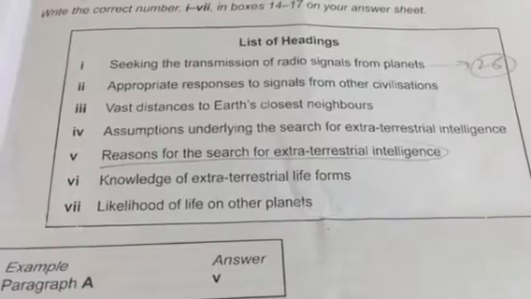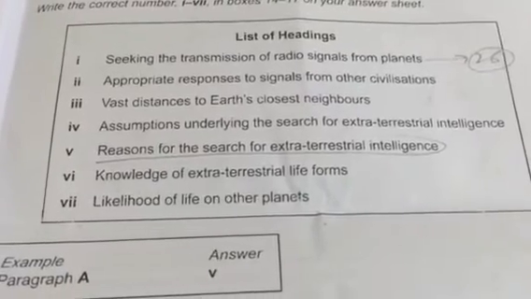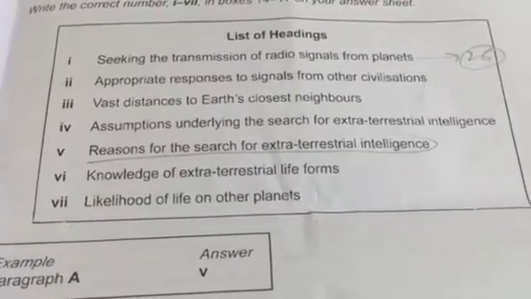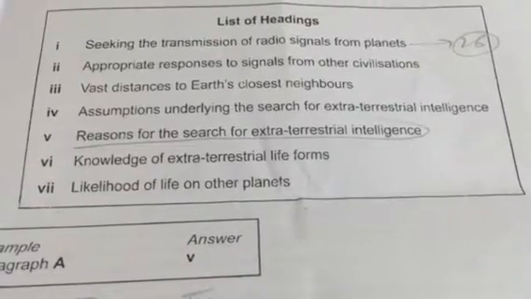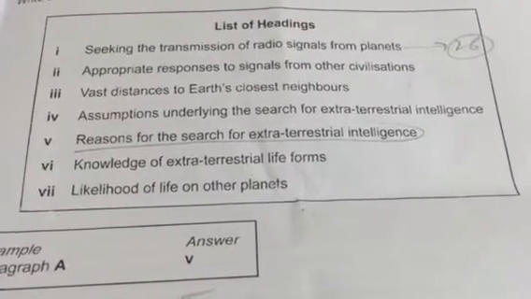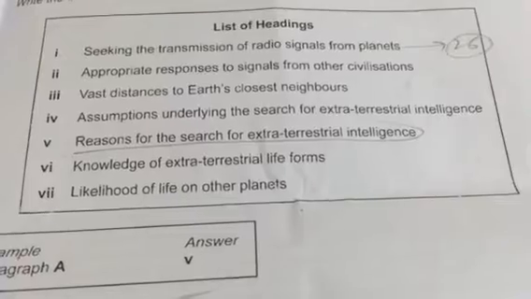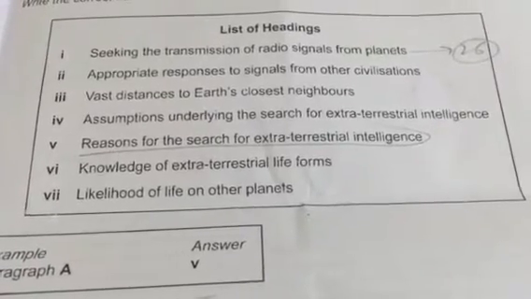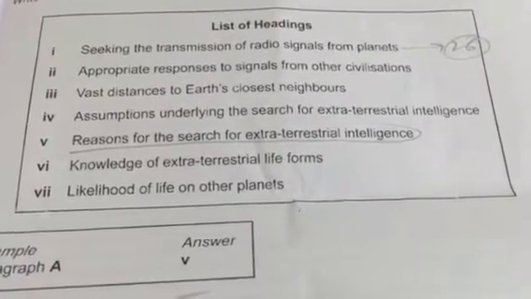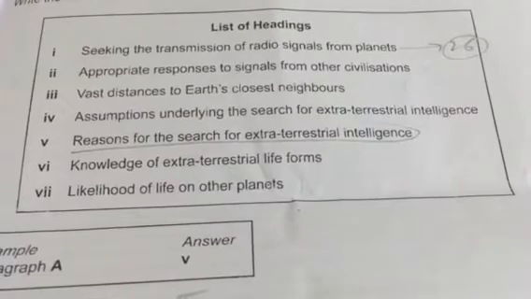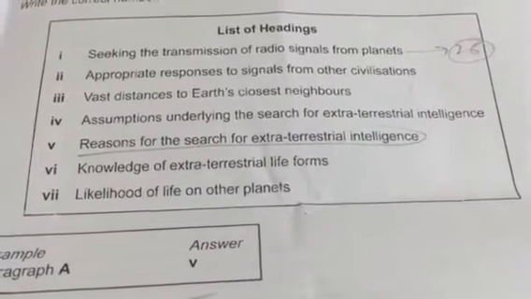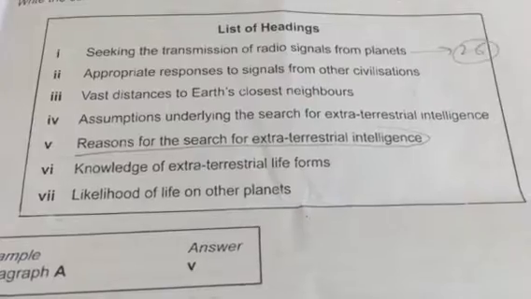And 3 is vast distances to Earth's closest neighbors. It's about distance. And 4th one is assumptions underlying the search for extraterrestrial intelligence. It's about, if we go searching for whether there is anybody on other planets or not, then what kind of assumptions are we taking for that.